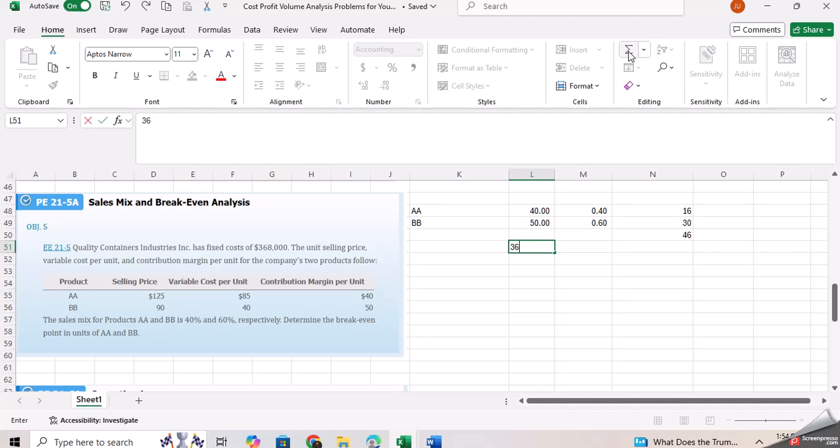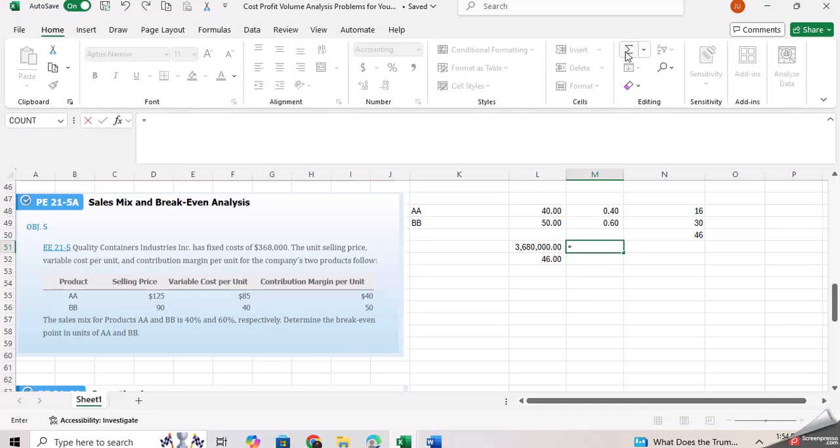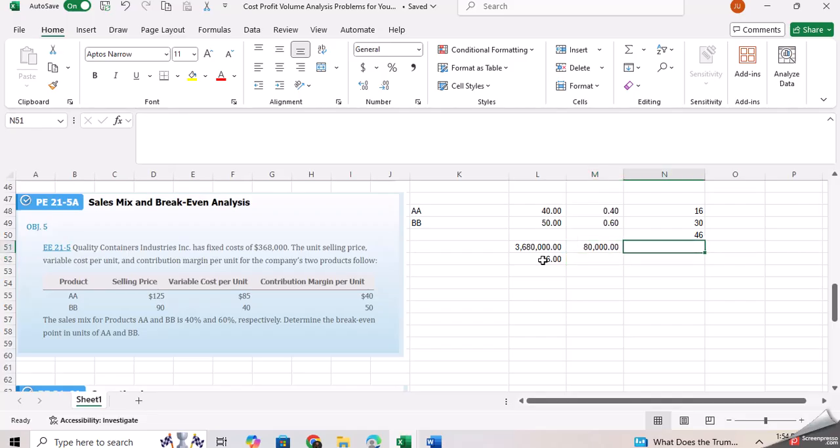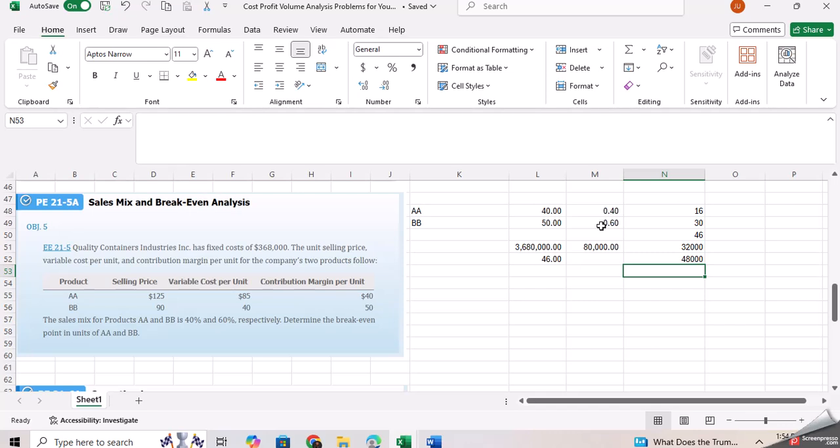Then if we come down, we'd have to sell 80,000 units total. And then if 40% of those are AA, that would give us 32,000. And then if 60% are BB, that would give us 48,000 there.